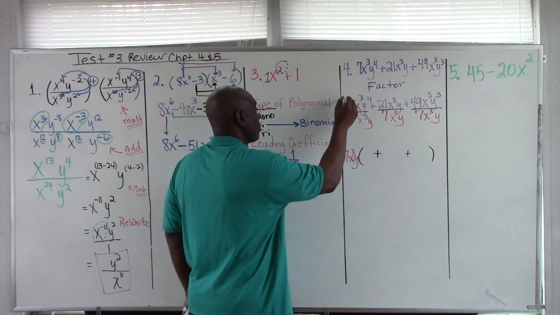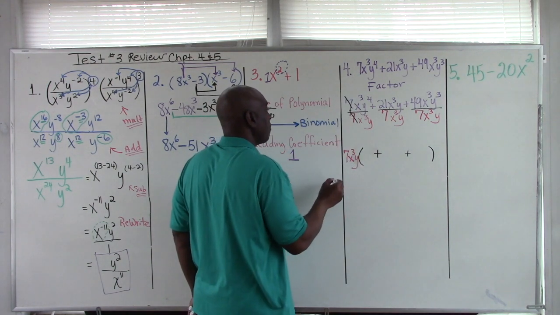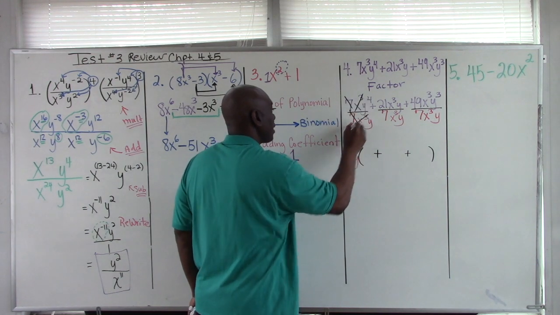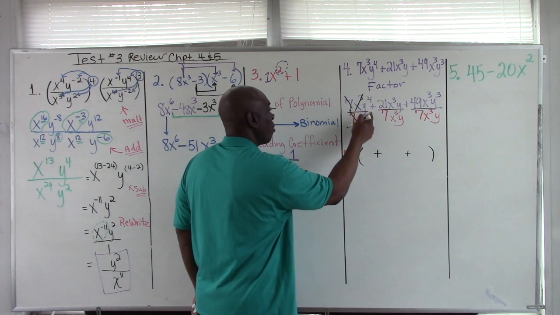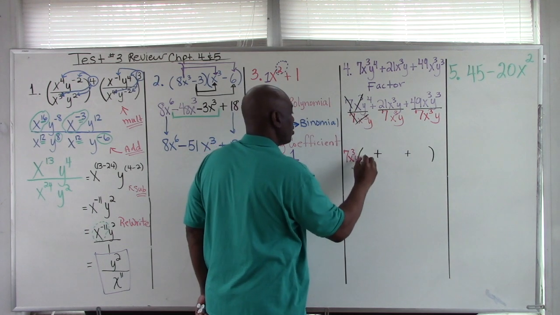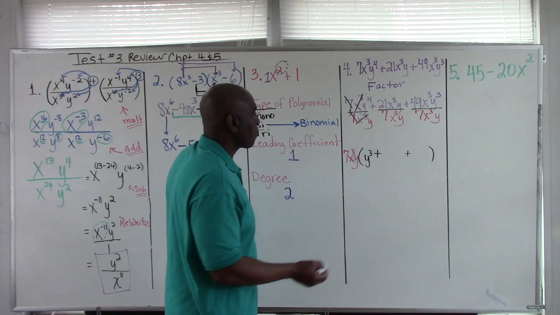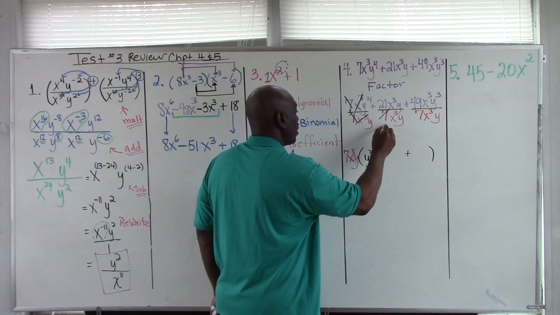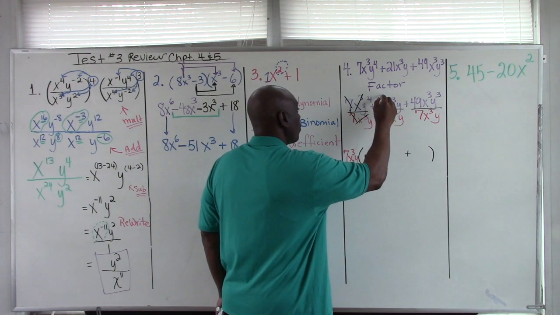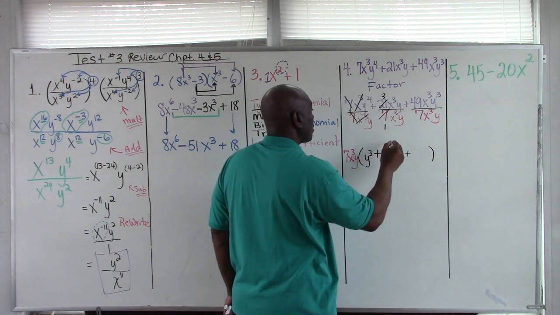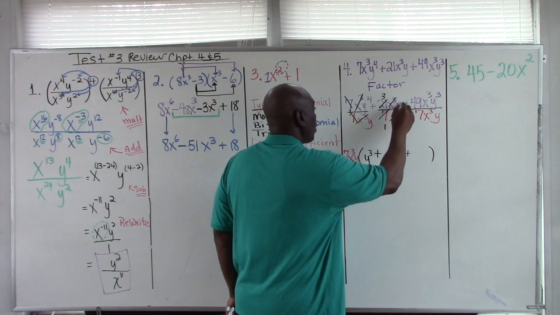So 7 divides into itself one time. The x cubes cancel out. And y to the 4th minus y to the 1 gives me y cubed. 7 goes into itself one time. 7 goes into 21 three times. The x cubes cancel out and the y's cancel out.